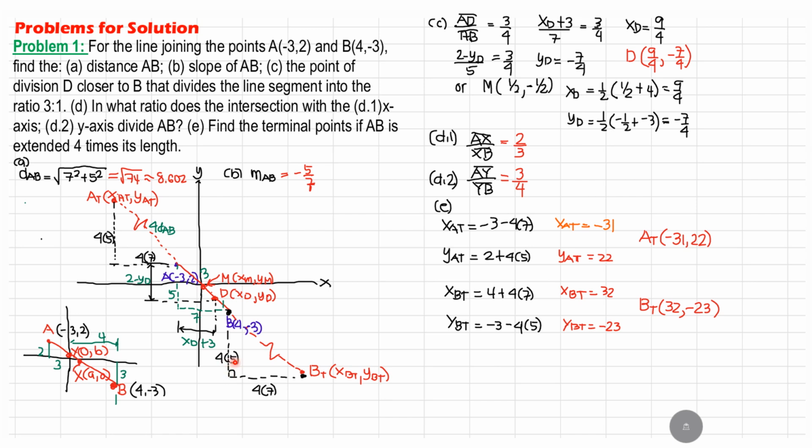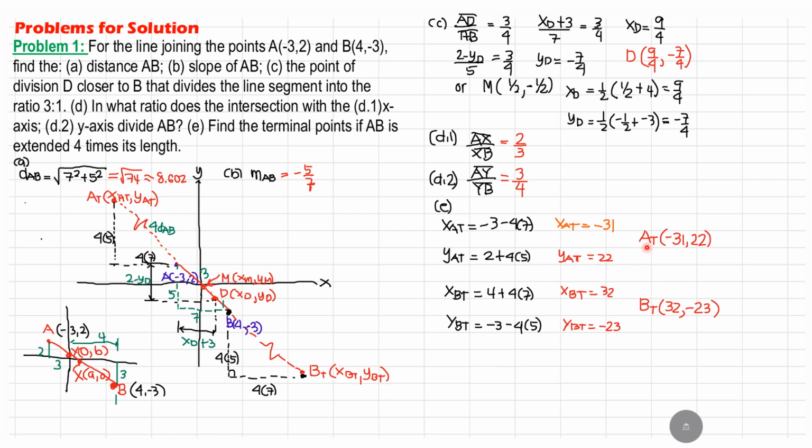So therefore, x A sub D is equal to negative 3, beginning at negative 3, because this is to the left direction. Negative 3 minus 4 times 7 is equal to negative 31. Then y A sub D in the upward direction, so we begin with 2, plus 4 times 5, y A sub D is 22.